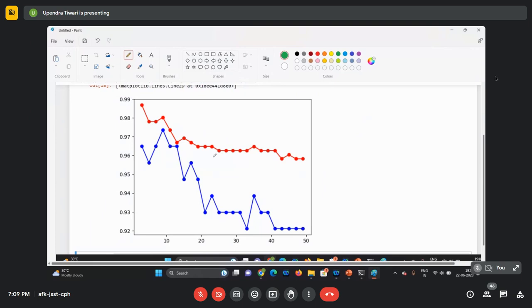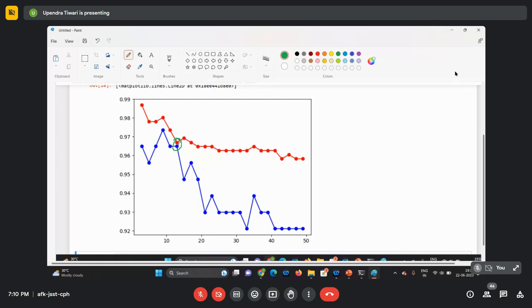Now you see, these are the values of k, and there's an interval of 10. So from where are the train and test accuracy high and close to each other? If I talk about this one, can I say that here the train and test accuracy both are very close to each other?